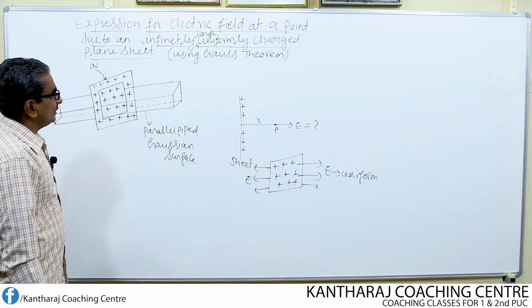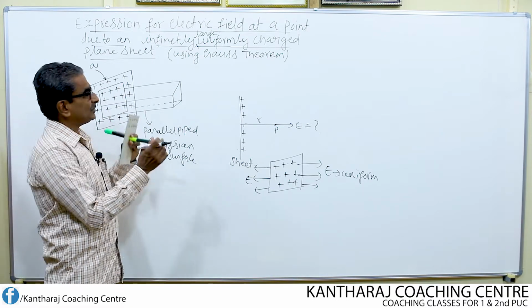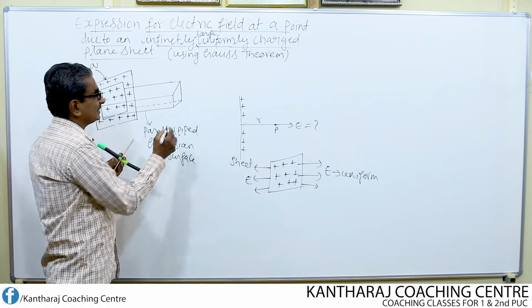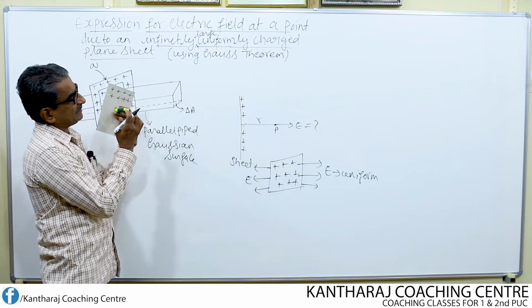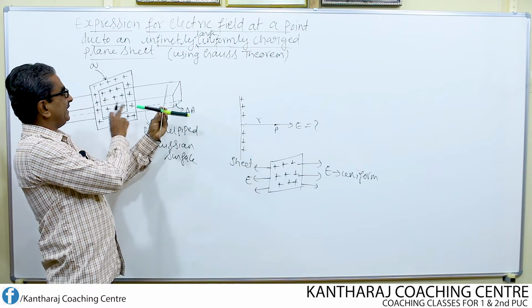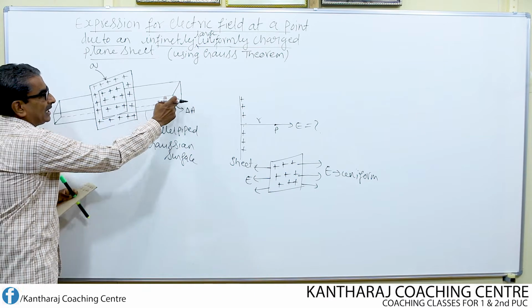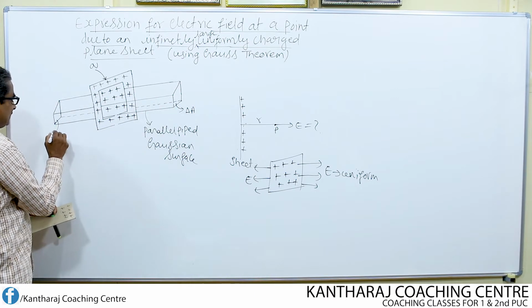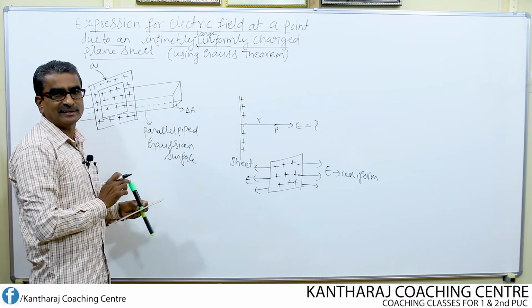Okay, now let us consider, I choose one small area, let this area be delta A. That means this area I imagine as delta A. Again this side, this area is also equal to delta A. Both are identical. This is also identical and even this area is also identical.